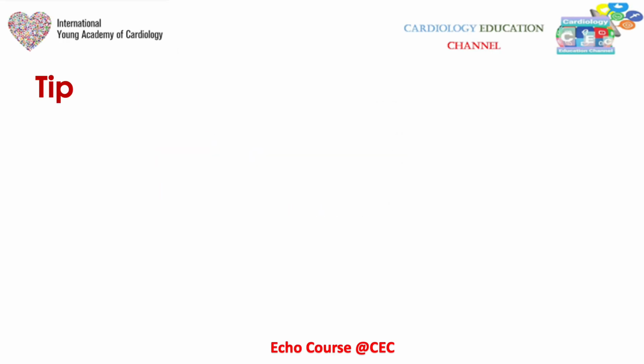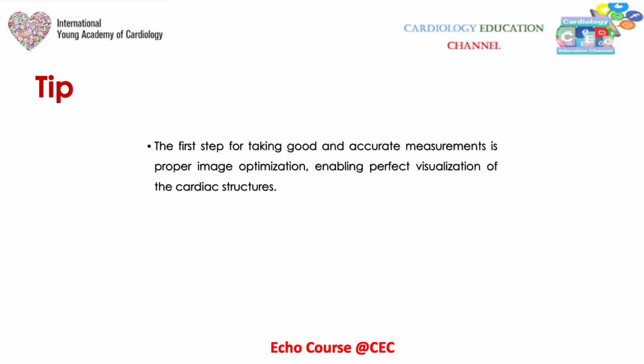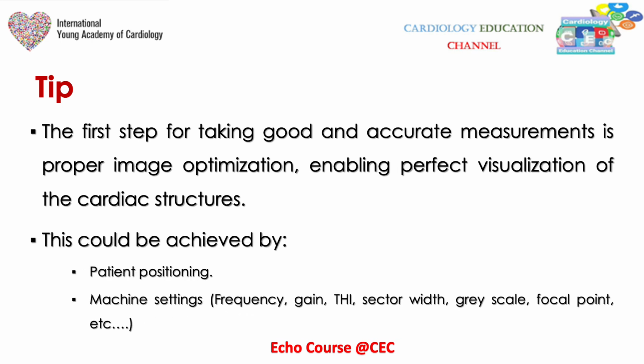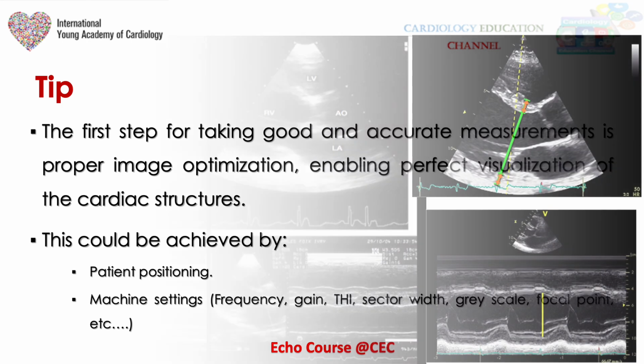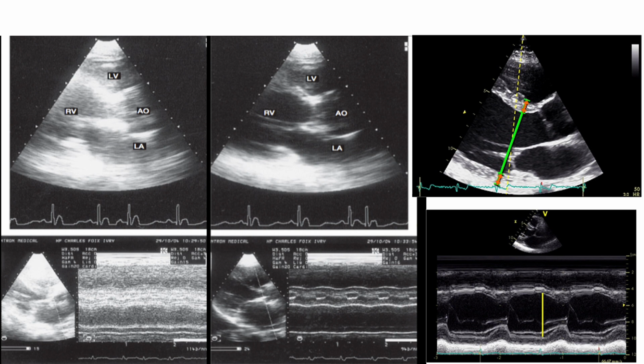The first step for assessing the LV systolic function by echocardiography, and for taking good and accurate measurements, is proper image optimization, enabling perfect visualization of the cardiac structures. You can achieve this by proper patient positioning and proper machine settings, like optimizing the frequency, the gain, the tissue harmonics, the sector width, the grayscale, the focal point, etc. In the image on the left side, it's a fuzzy image, and you cannot judge any measurements you take from a patient like this.